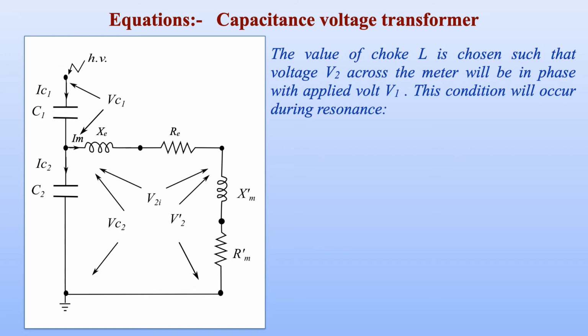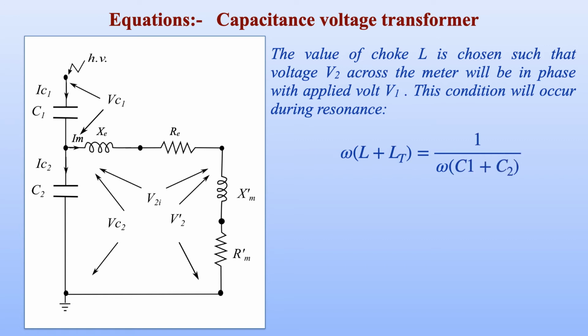And in order to make the voltage across the meter lie in phase with the voltage that is to be measured, both these voltages are basically alternating voltages, but conditions are created in the circuit such that the matching transformer inductance and this external inductance together form a resonant circuit with respect to the circuit capacitances.